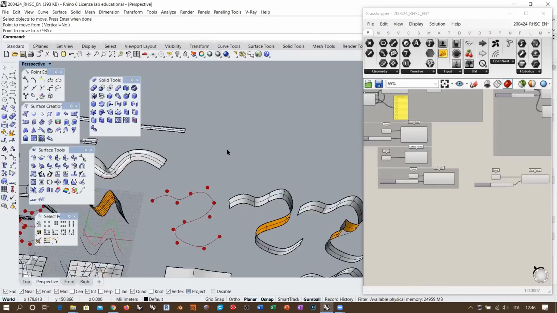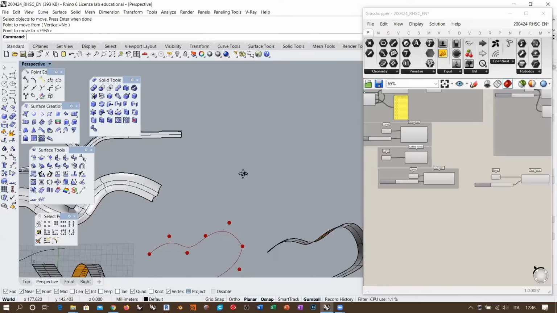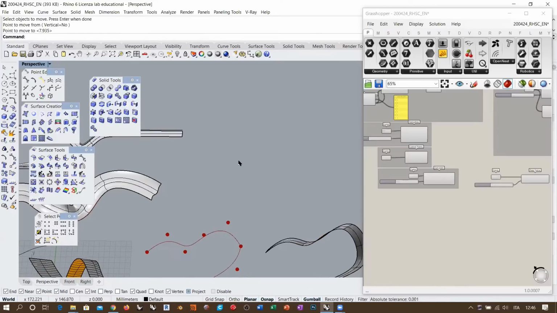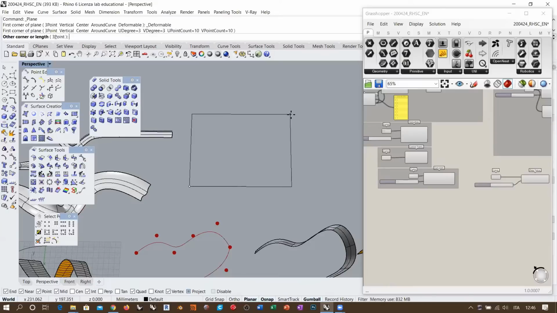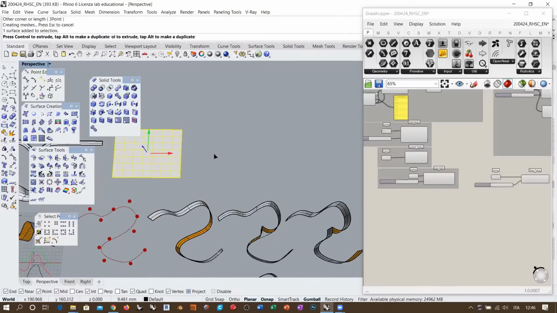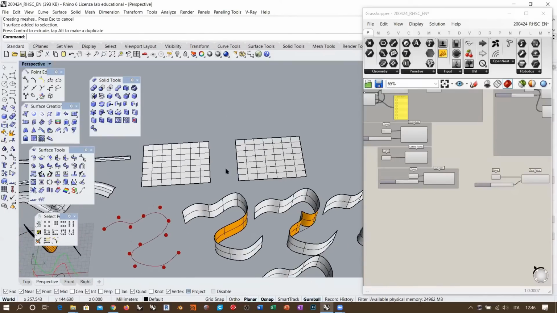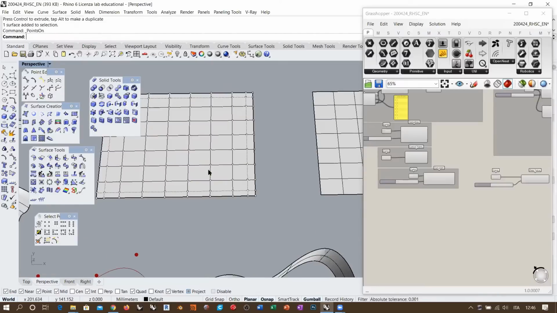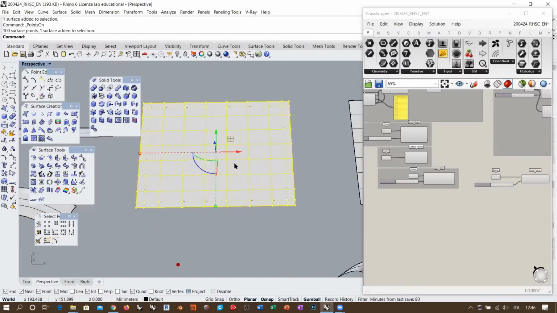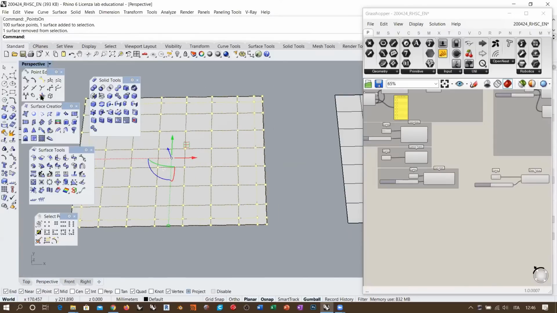So what I'm going to do right now is creating two double curvature surfaces, okay? I'm going to create a deformable plane, like here, and I'm going to copy it here on the right. And then I'm going to activate the control points of this, select them all but the surface, and use a soft move command in order to create some curvature, for example, in this area of the surface.